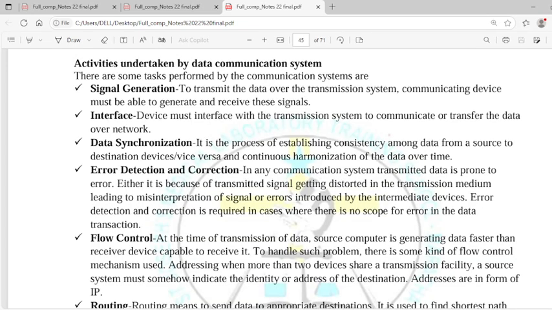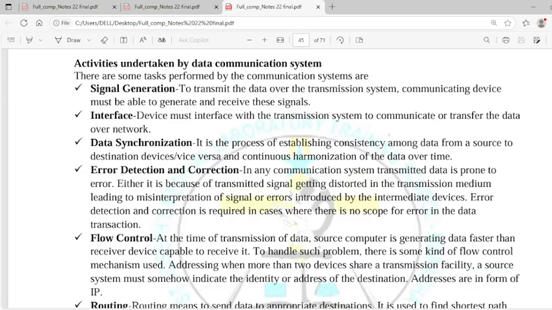And when you communicate with someone, where the two phones both have internet, you find that when the other person blue-ticks, you also see in the other phone that you are not using, the blue-ticking is done. So that consistency establishment is what we know as data synchronization.